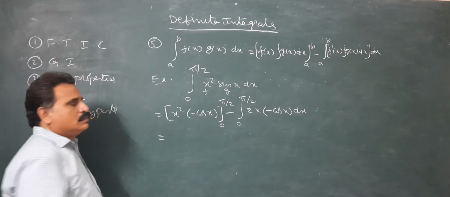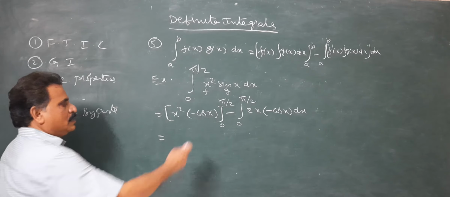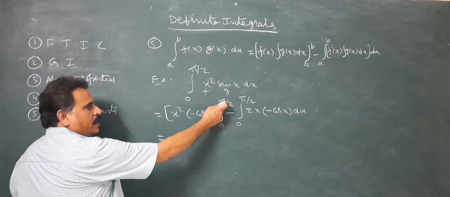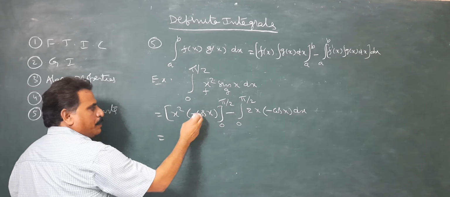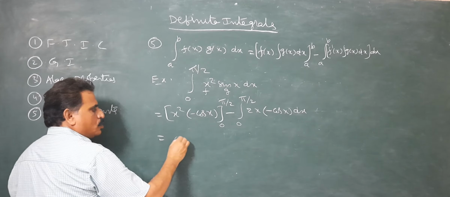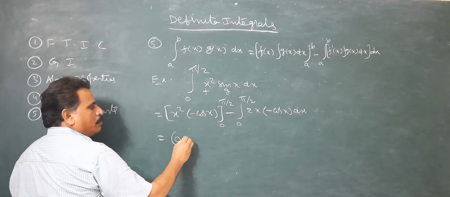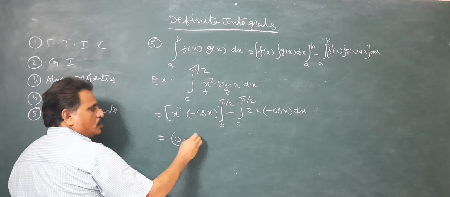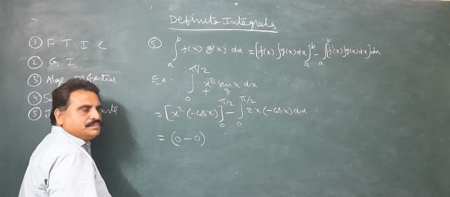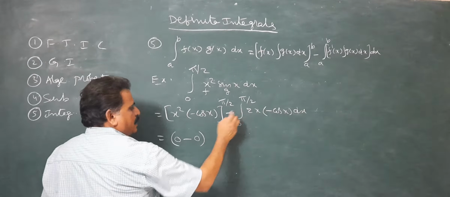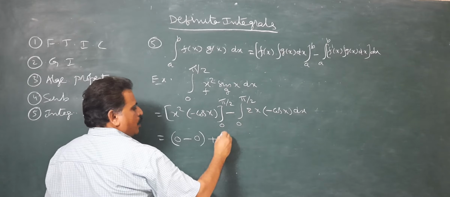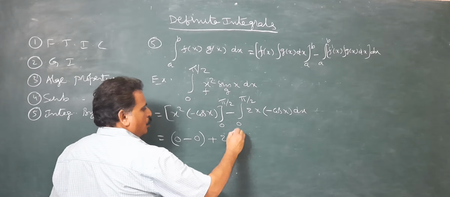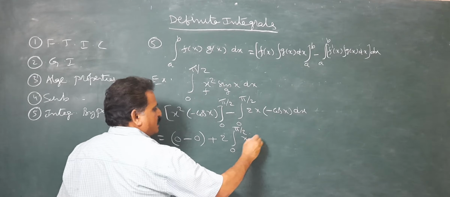Now apply the limits. Upper limit first: substitute x equal to pi by 2. Cos pi by 2 is 0, so the entire product is 0. Minus, x equal to 0, so the product is 0. Take out minus plus: 2 times the integral from 0 to pi by 2 of x cos x.